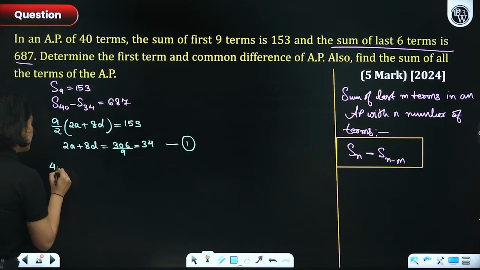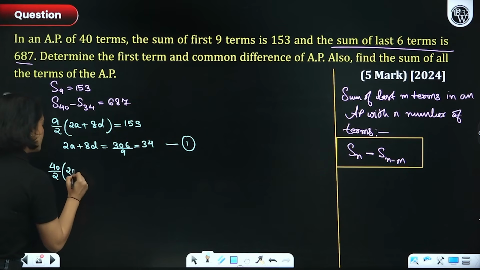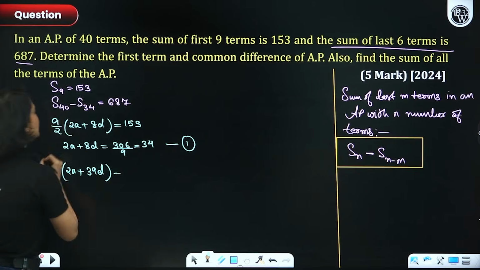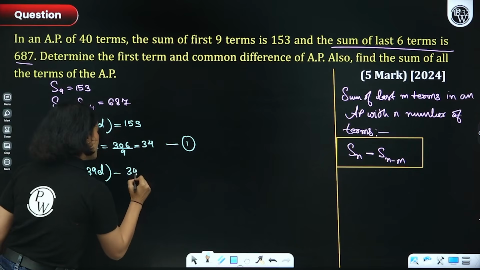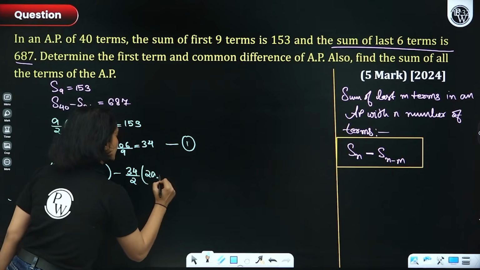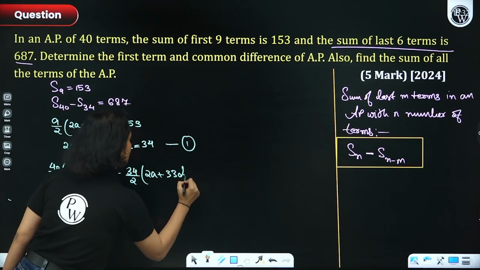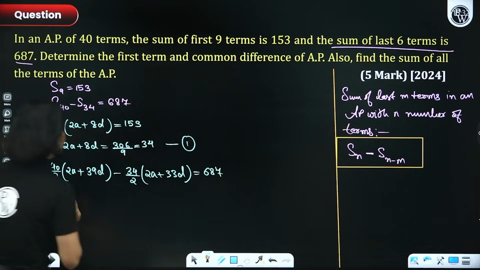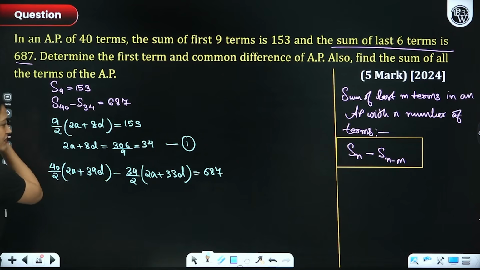Now, for equation number 2, let's use this S40. S40 is 40 by 2 into twice of A plus 39D, right? Minus S34, that is 34 by 2 into twice of A plus 33D, is given equal to 687. Okay? So now let's evaluate this, everyone.